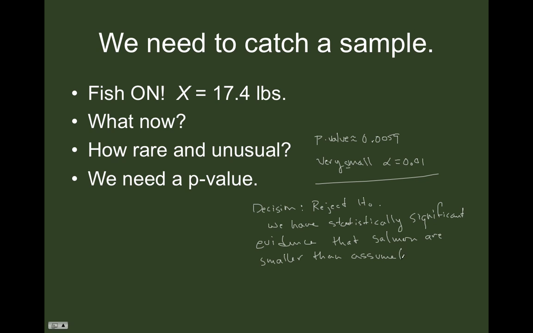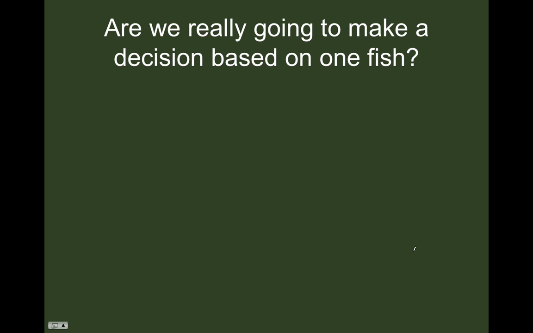And again, let's talk about the situation. Realistically, are we really going to make a decision based on a single fish? And the answer is no, not at all. It really makes no sense.